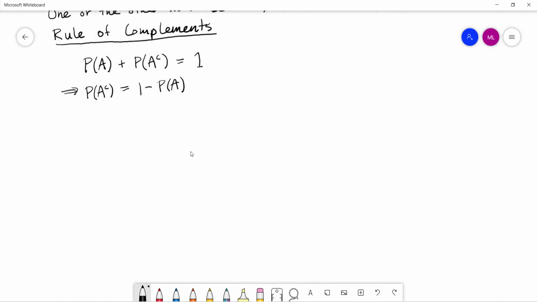There are a couple of things that we have to be a little bit careful with, and I just want to point this out. So let's do this example. This will highlight the idea. What if I tell you that in the real world, let's say 10% of people are left-handed.